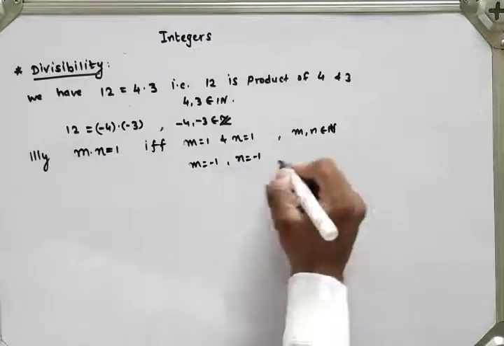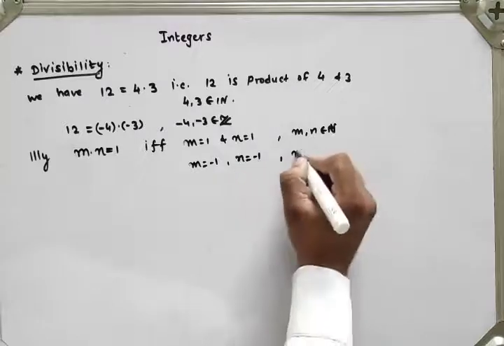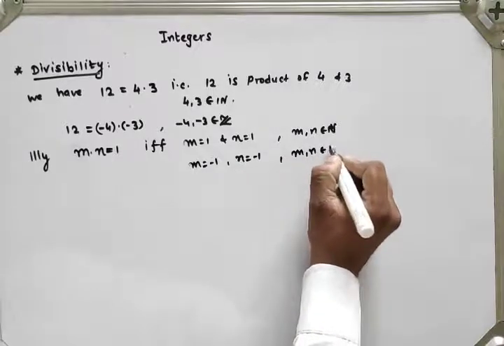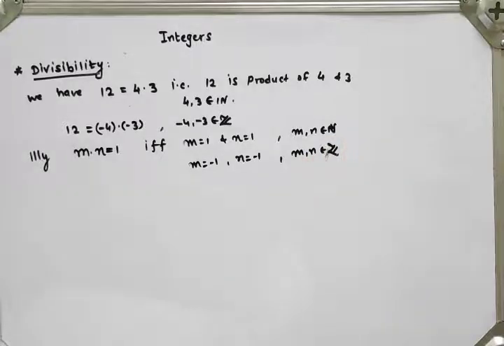So here m and n belong to the set of integers, which does not belong to the set of natural numbers, right?